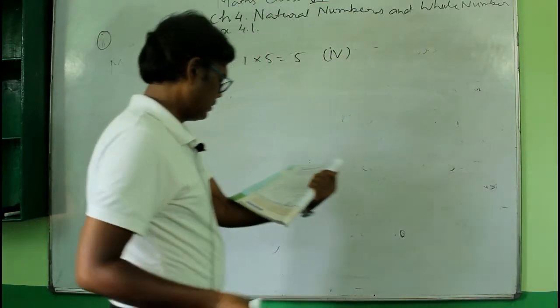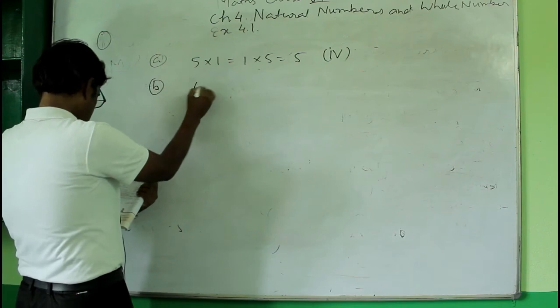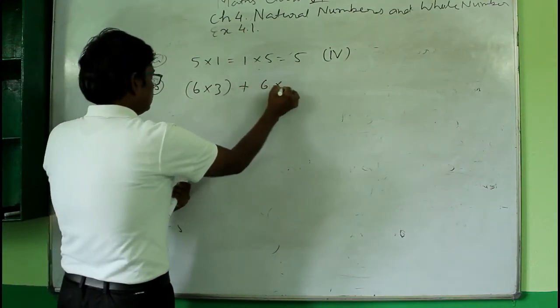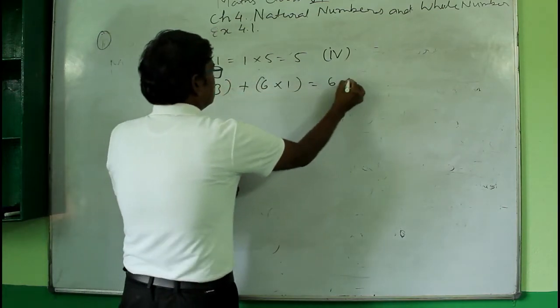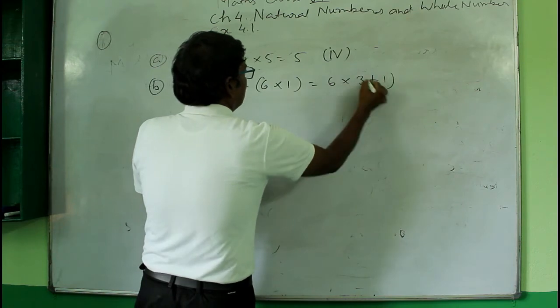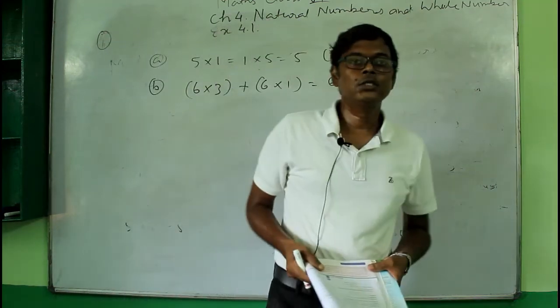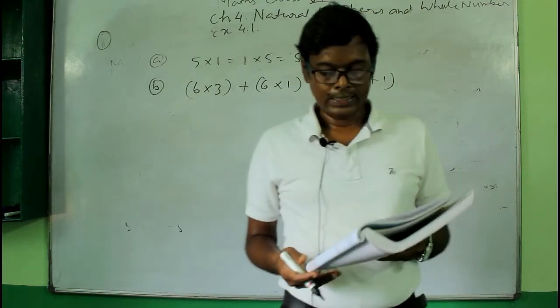And question number B is this: 6 into 3 plus 6 into 1 equal to 6 into 3 plus 1. This is called the distributive property of multiplication over addition.